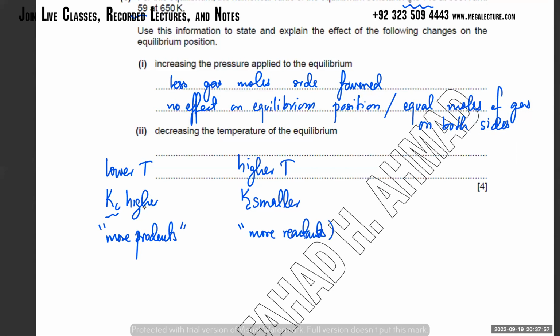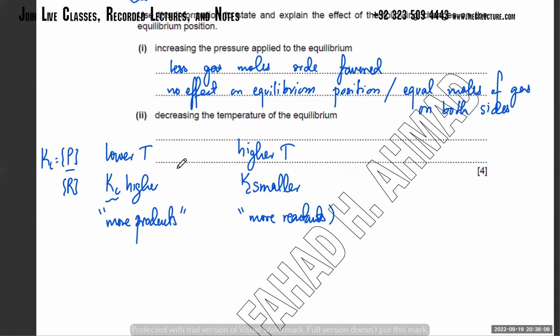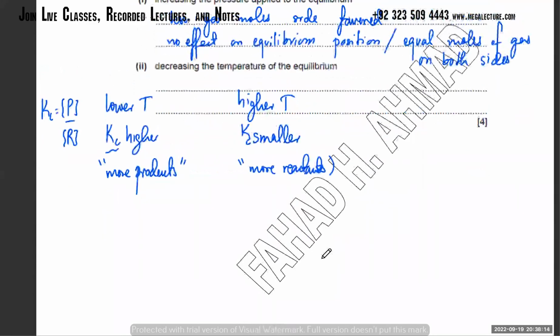It's going to have more reactants. Kc was product concentration divided by the reactant concentration. So a higher value means more products. A smaller value means less products and more reactants, right? So you're decreasing the temperature, moving from a higher temperature to a lower temperature. So where is the equilibrium shifting? From more reactants, it's shifting to more products.